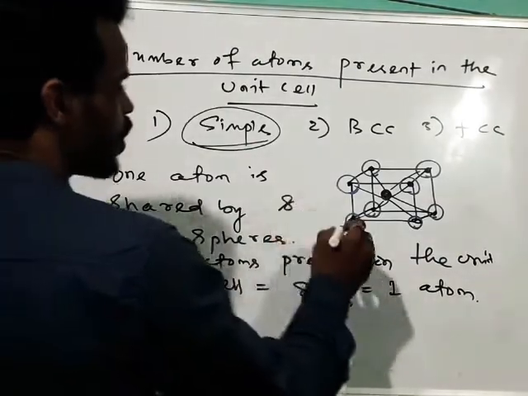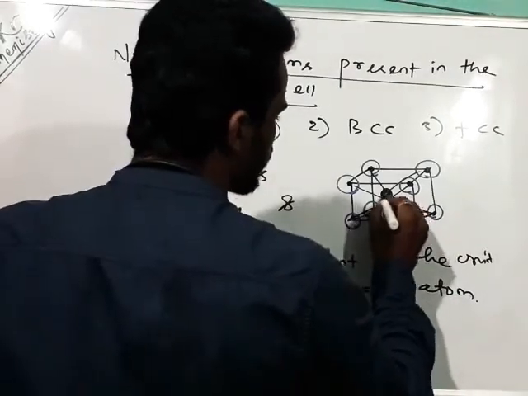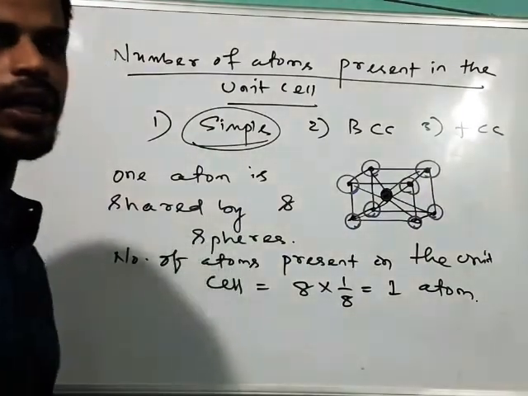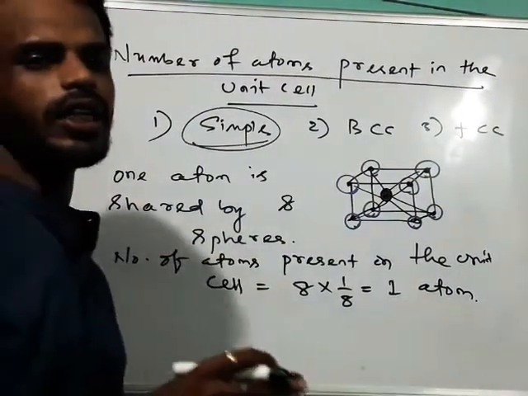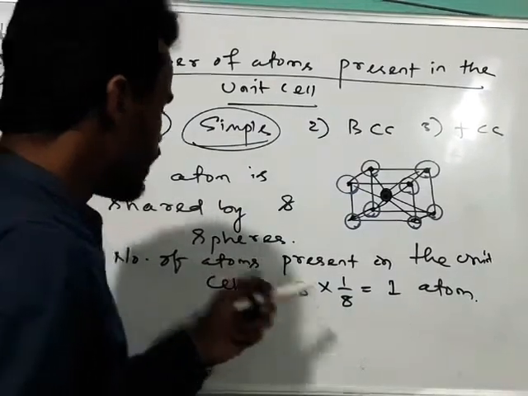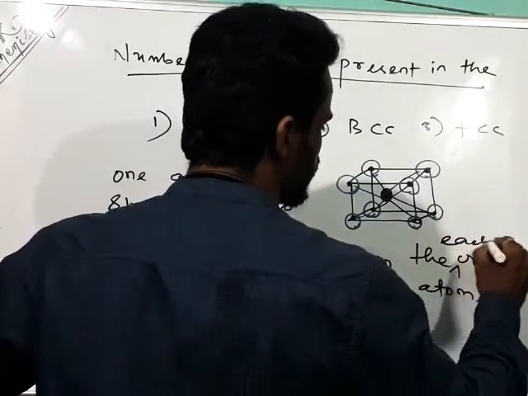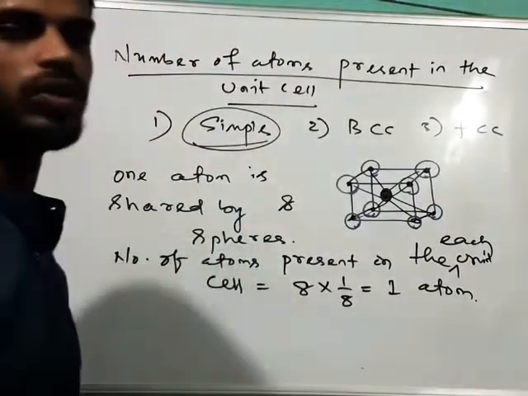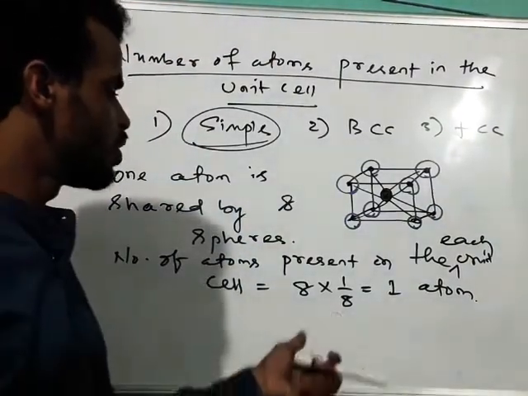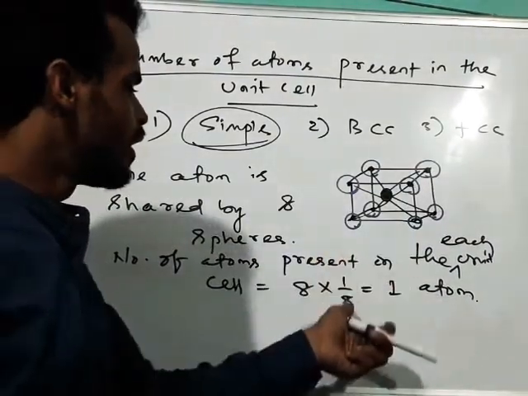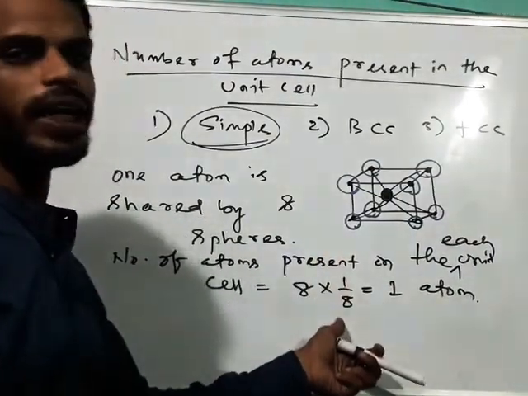For a simple cubic crystal, each atom is surrounded by 8 spheres, and for each unit cell the total number of corners is 8, and each is shared by 1 by 8 part.